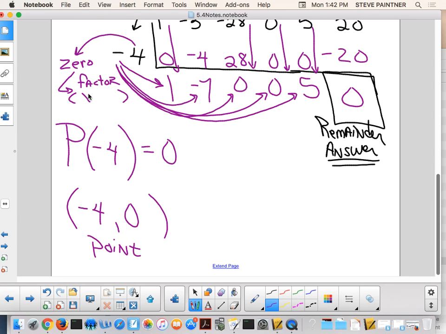X plus 4. So guys, by finding a zero, you can tell me that if this is a zero, then this is the factor. So you already know a factor of the polynomial that was given to you. That's pretty important stuff as we move on. When you find zeros, you're also finding factors.